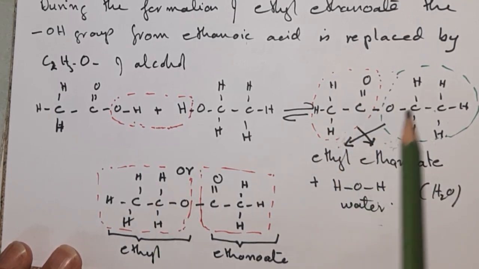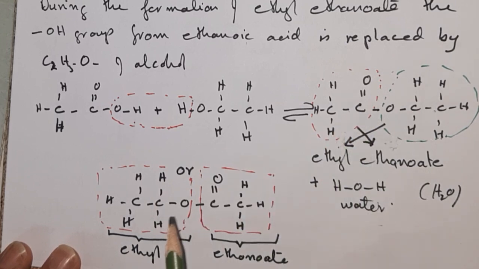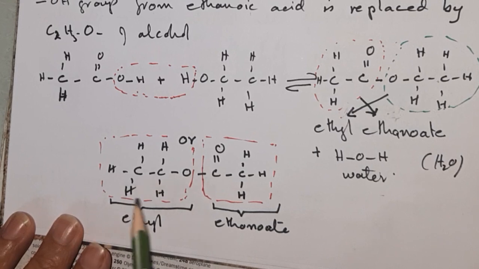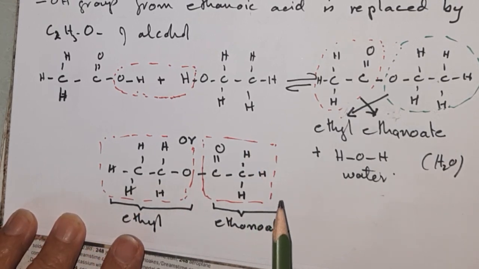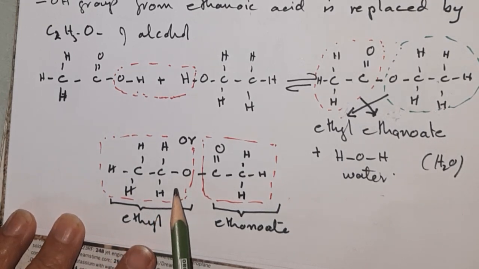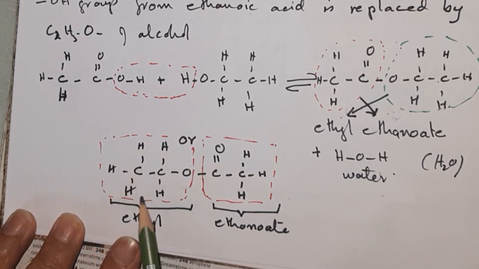So we can write it the other way, that is, we write the alcohol part first and the carboxylic acid part afterwards in order to make it in a correct order. That is, we write the name of alcohol first, ethyl, and then ethanoate.